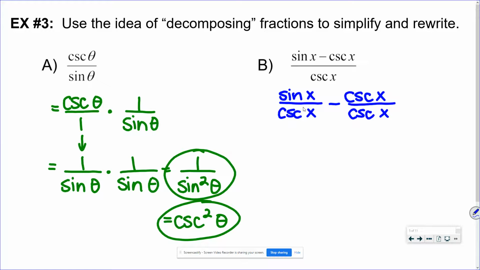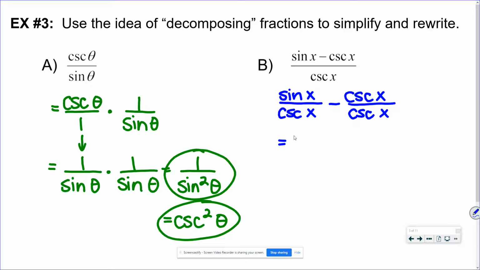Think about if you were starting from this point and wanted to go backwards. Remember, the rule is you have to have a common denominator, and if you do, you subtract the numerators. We're kind of just breaking it back into that, okay? So that would be the first step. And then again, what I could do is maybe look at each fraction independently and see if I can decompose further, kind of like what I did back here.